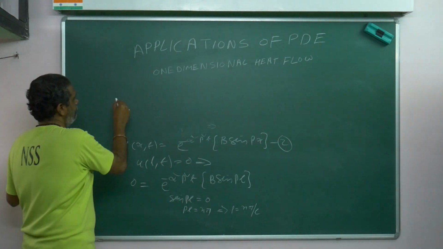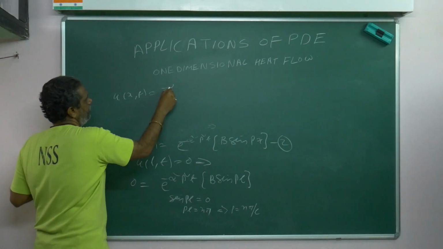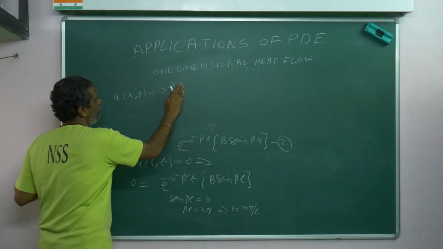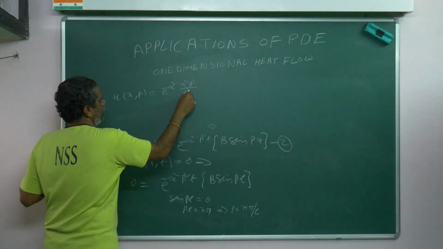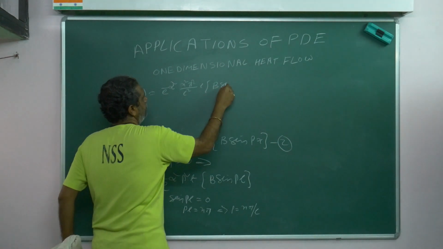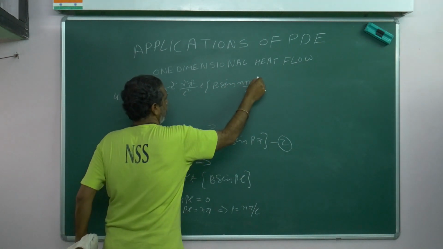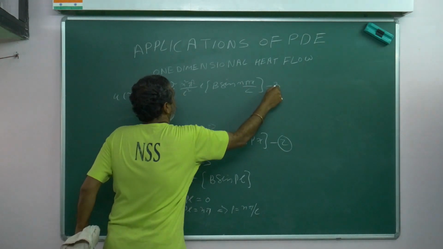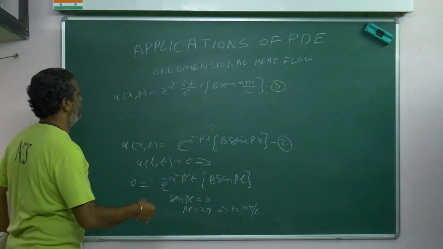My second equation becomes u of x comma t is equal to e power minus alpha square (n pi by L) square t, b sin n pi x by L. So we have n as an infinite number, so I can take b as bn.